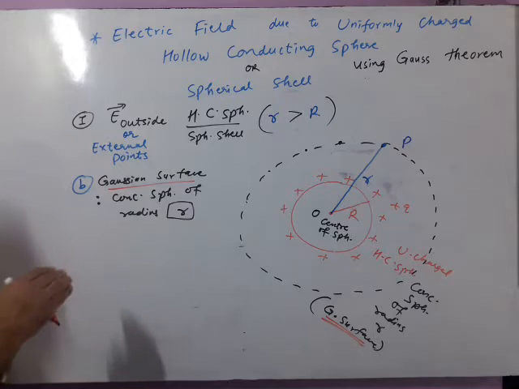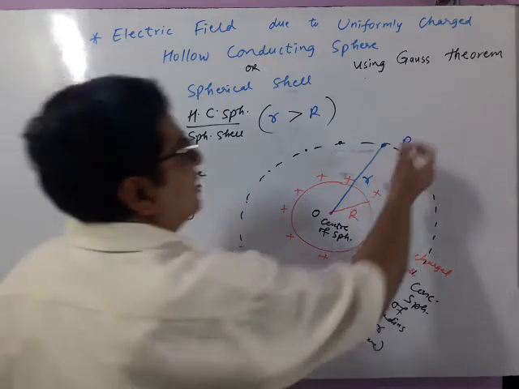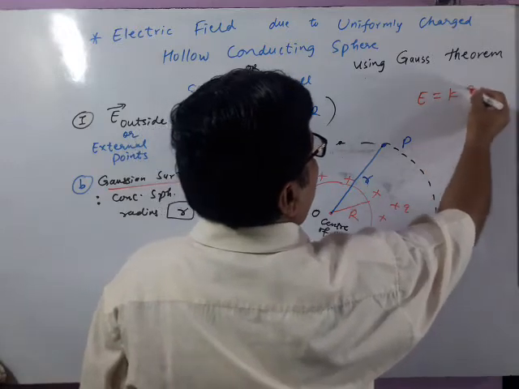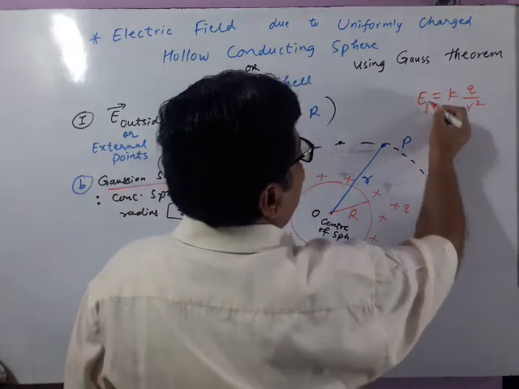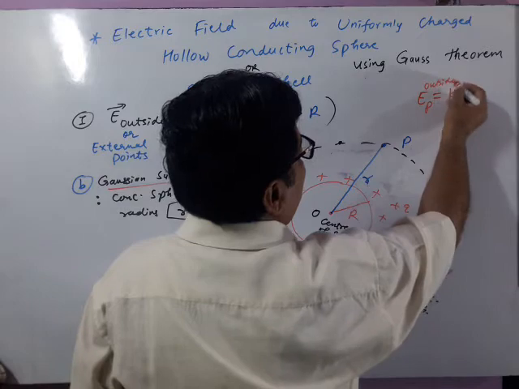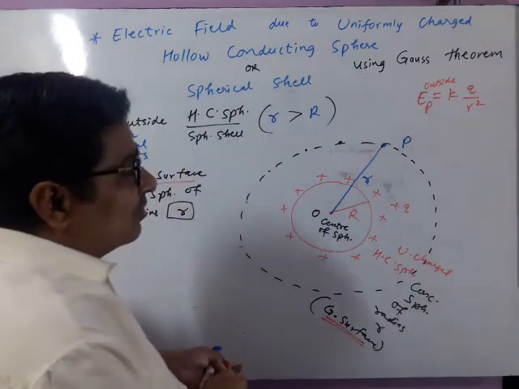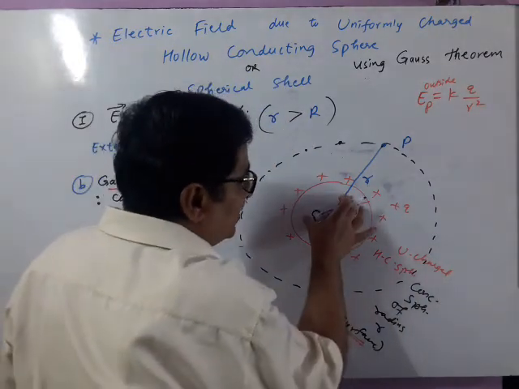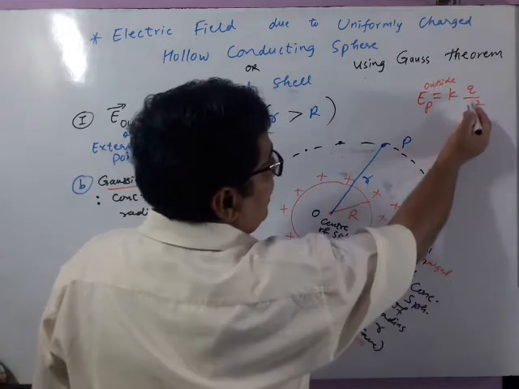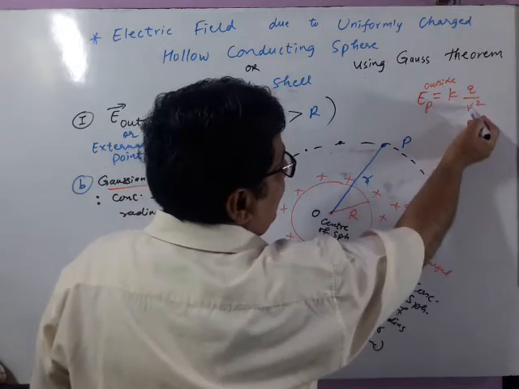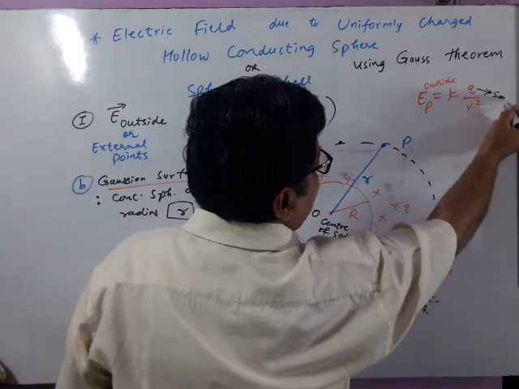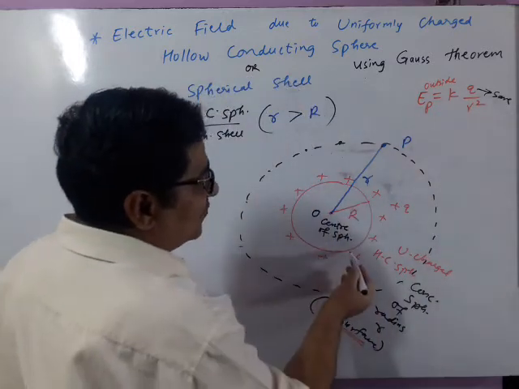This is the research done by Gauss. But the final answer will be this: electric field will be kq by r square for outside the hollow sphere. Now apply your mind. For this sphere, the final answer for external points is kq by r square. Q is same, where Q means charge on the sphere.